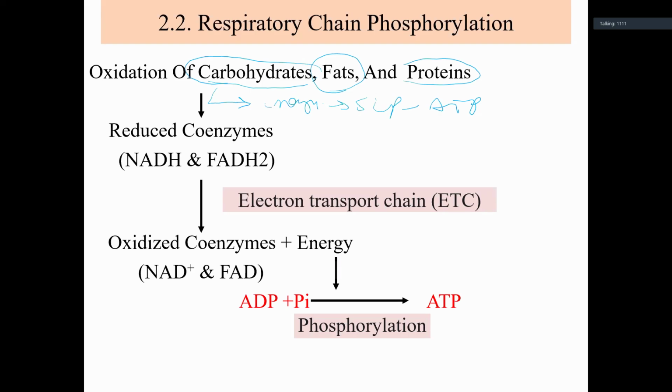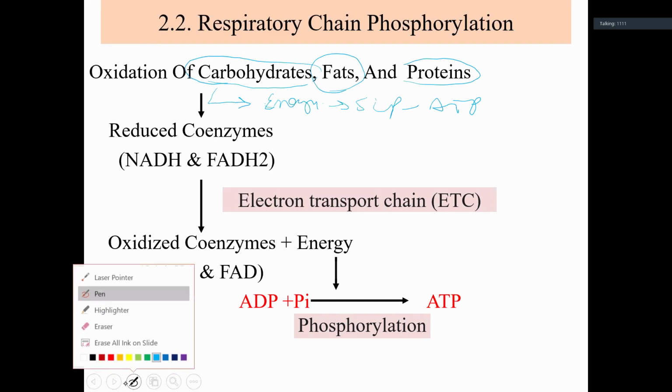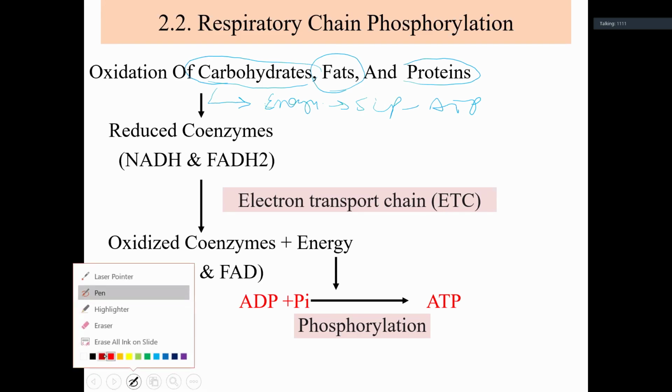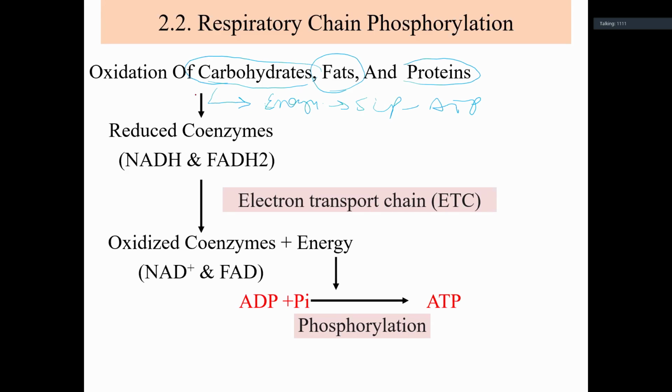Is this clear? Yes, clear. This was one process that we discussed. Step number 2: during this process of burning, one more thing is released. And that one more thing is hydrogen.